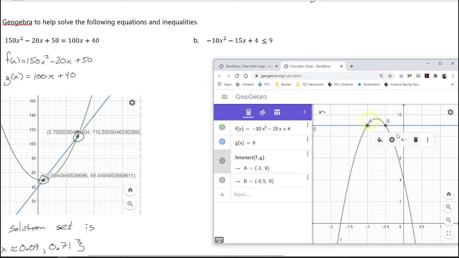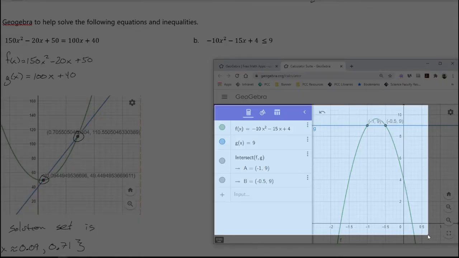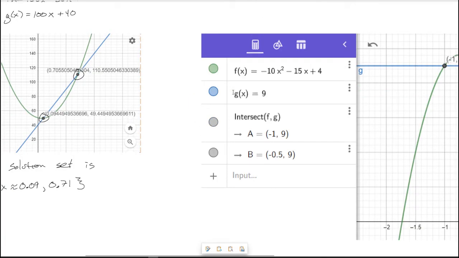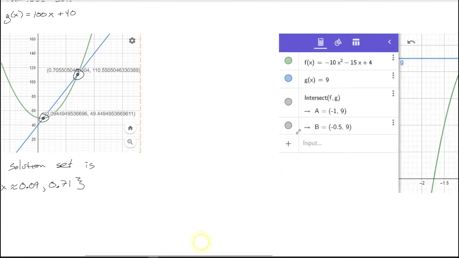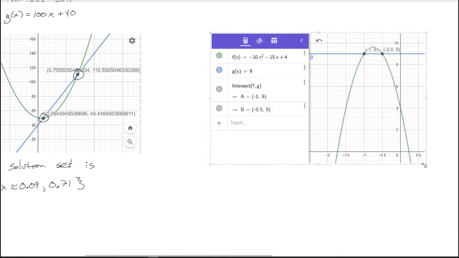and there we go. And let's plot this in. Ooh, so big. Bring it back down to size.